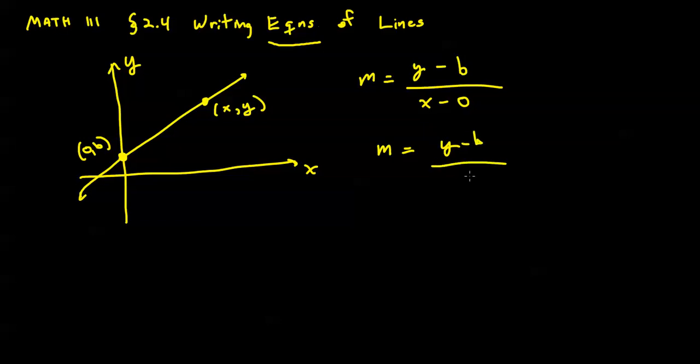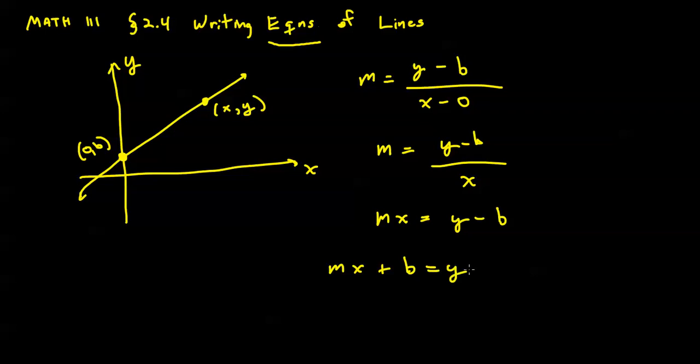Downstairs, x minus 0 simplifies to x. Then I'm going to solve this equation for y. I'll multiply both sides by x, so mx equals y minus b. Then I'm going to add b to both sides to ultimately solve for y.